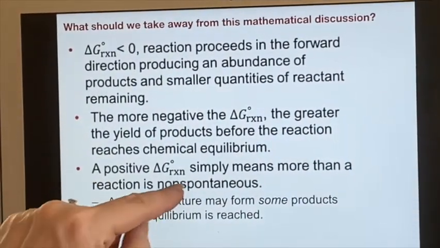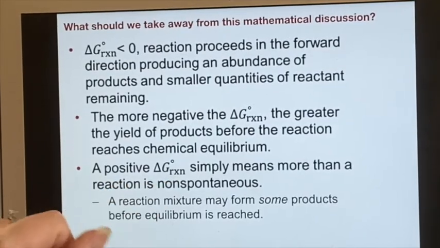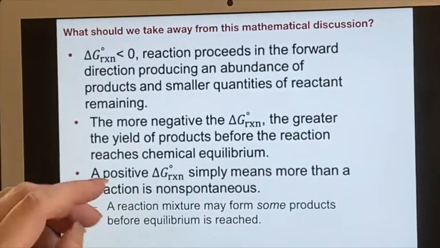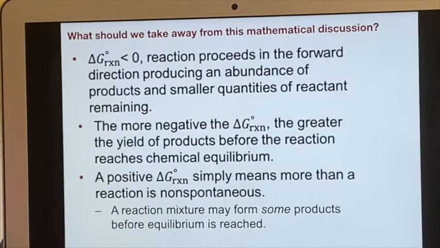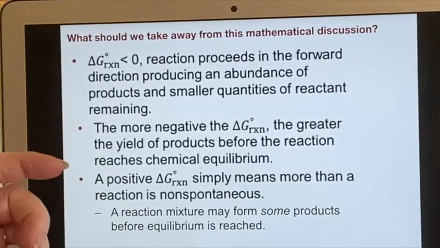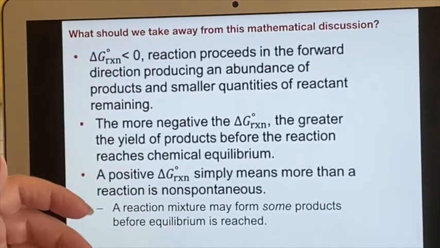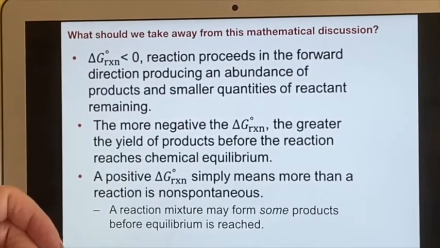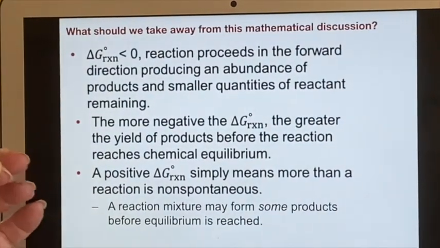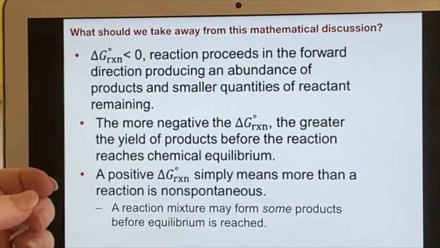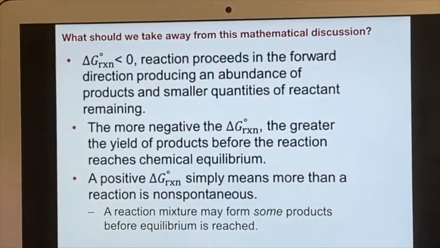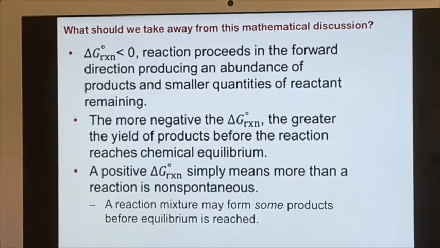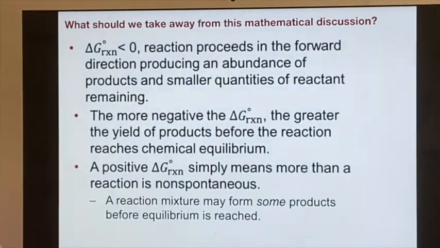And if you are thinking about a positive delta G, it can be interpreted as meaning more than just that the reaction is non-spontaneous, because we have a way of converting that into what K is. And we will find out that, in fact, a few products might be created before the equilibrium is reached. It is possible for that to happen, just not very many.